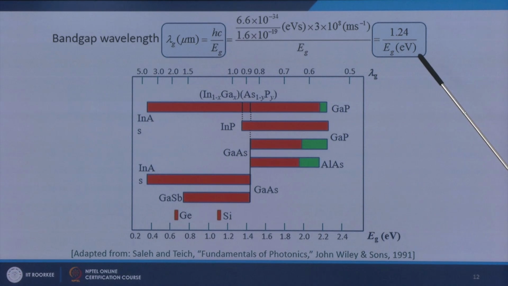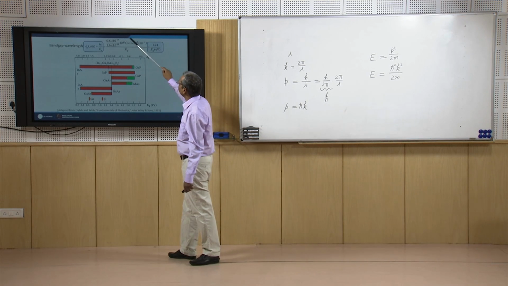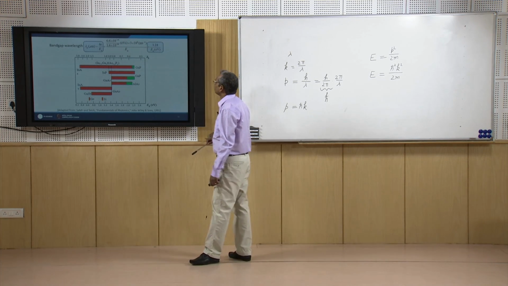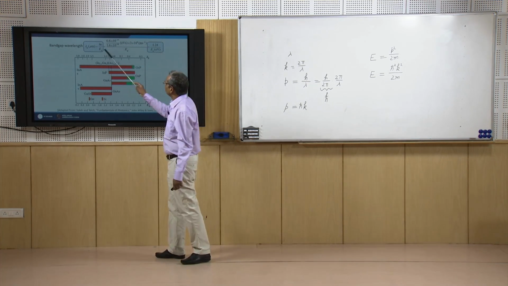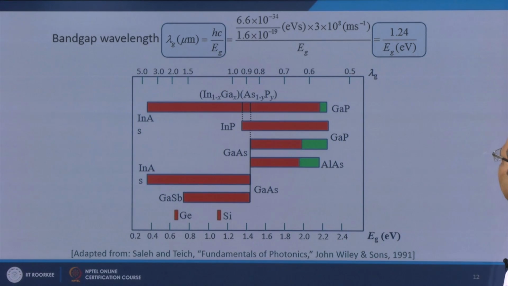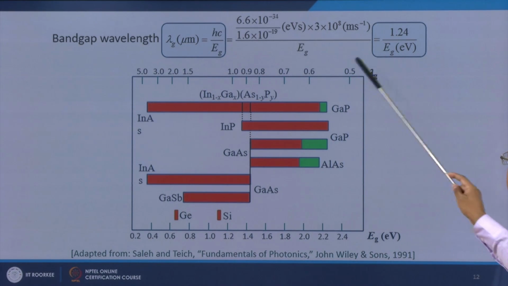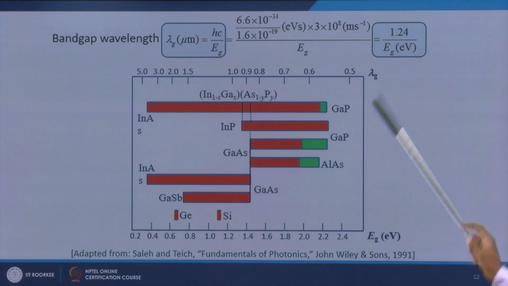Then I can have this as 1.24 divided by Eg. This will give you 1.24 into 10 to the power minus 6. So, 10 to the power minus 6 will give you wavelength in micrometer, and then the eV basically reflects here, that is, Eg will have to now be input in eV.